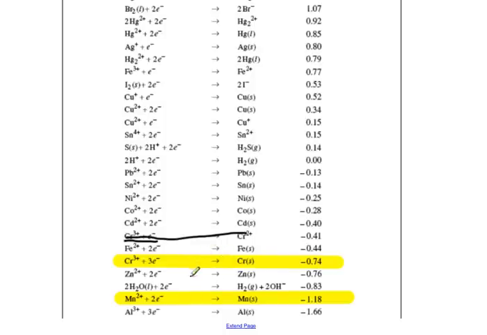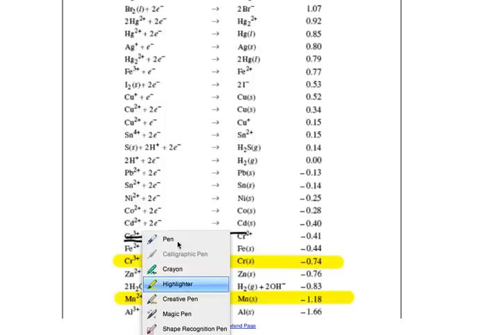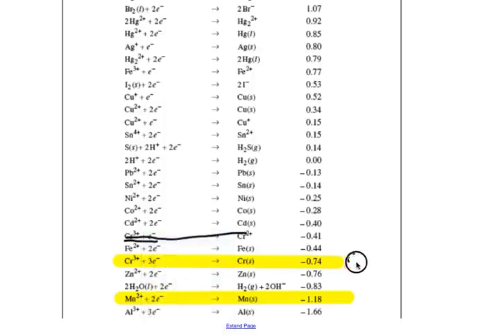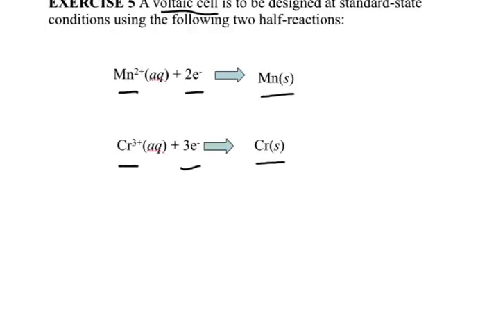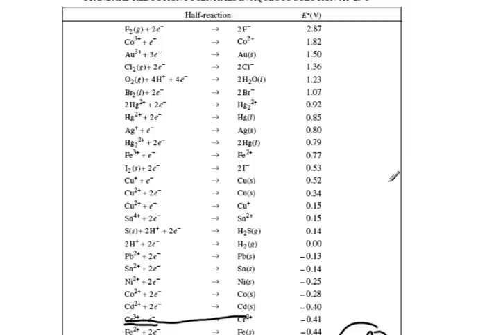So I found my two items that I want to make a galvanic or voltaic cell with. I'm going to write Cr. What does this mean? This is going to be my cathode and my reduction. I keep it the same. So I'm going to keep this the same, and I believe it was 0.74.